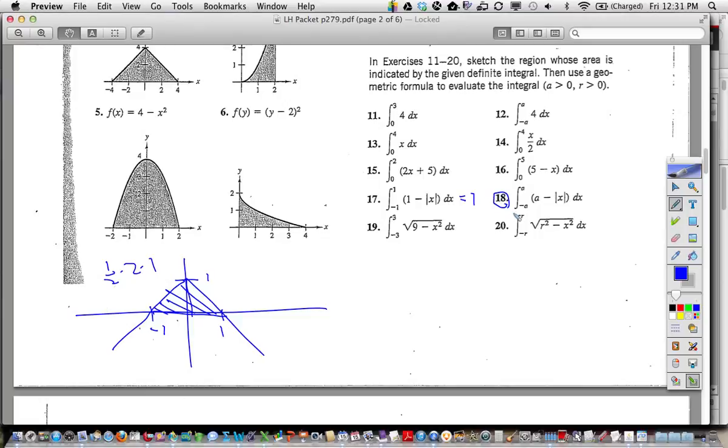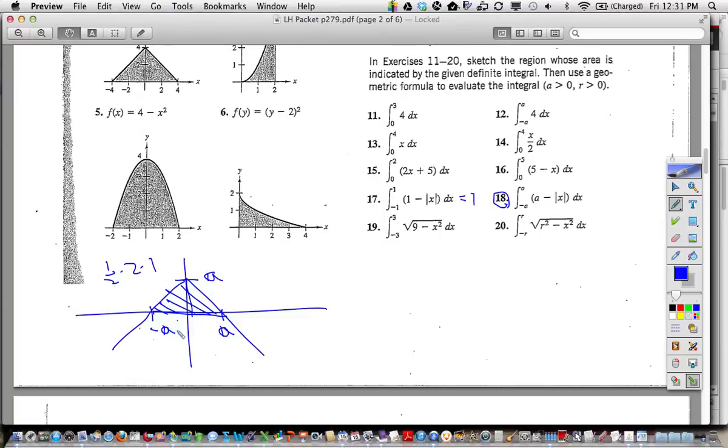Now what changes there? I mean, obviously there's an A, but what's that mean? So what would change on my picture? It's still a shift up of A, right? It's an upside down absolute value, shifted up A, and since it's a slope of 1, that would make these points be A and negative A, right?